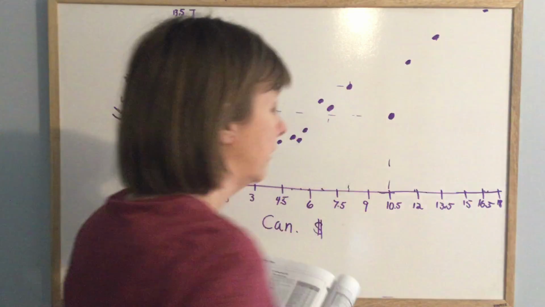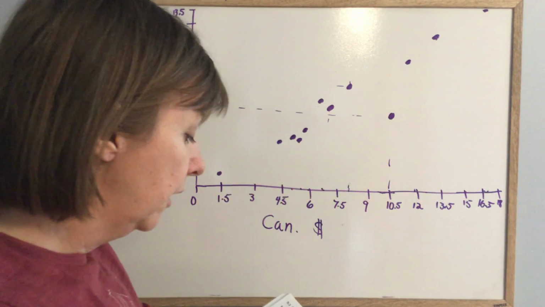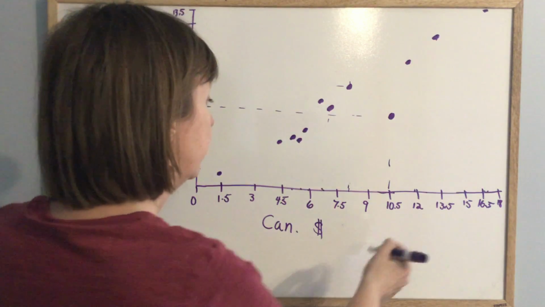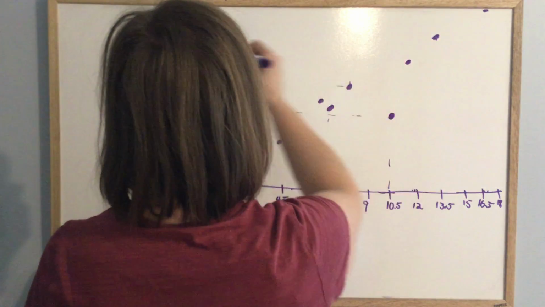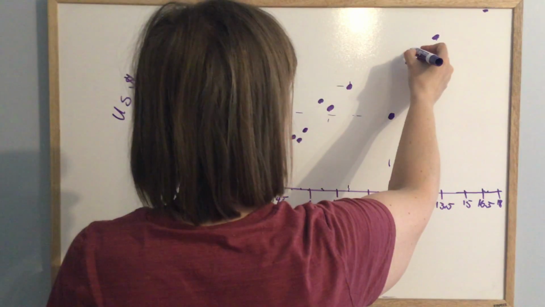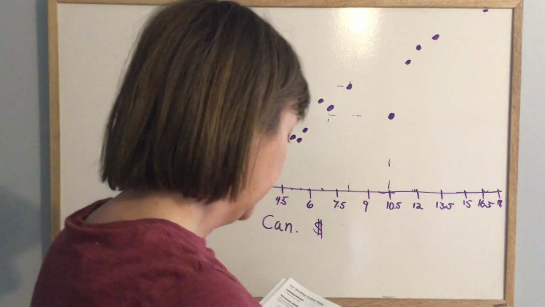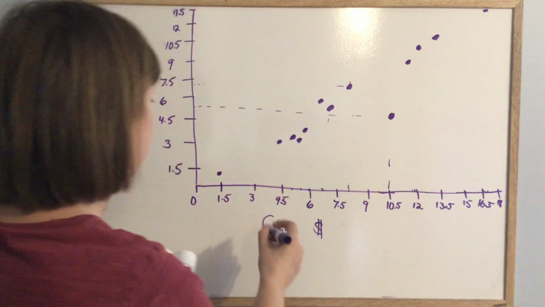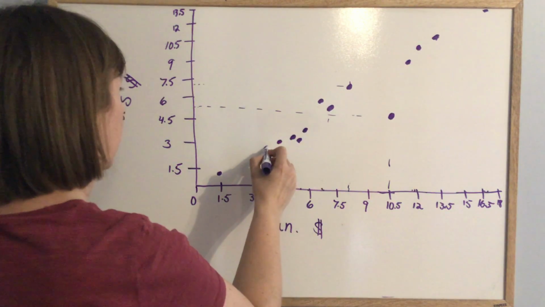I'm just going to put it right at the top of my graph. Should be a little bit higher, but I don't have higher. $11.95 and $9.95. Right about there. And the last one, $3.99 and $2.99, right about there.